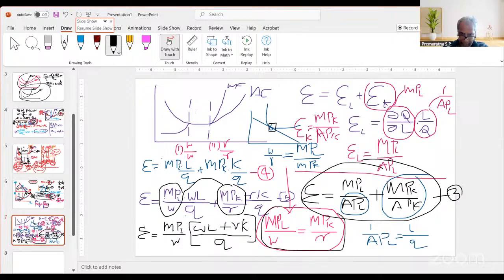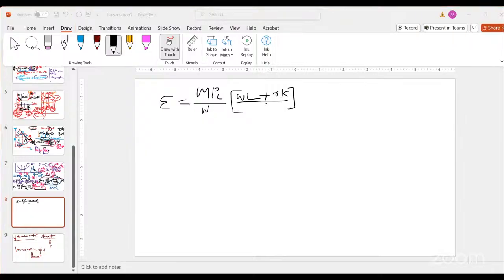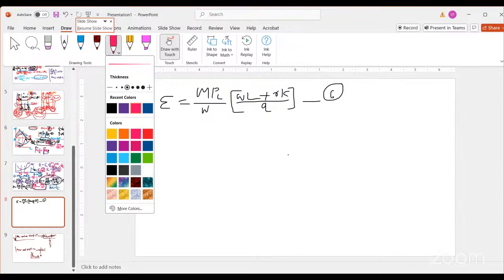Now here, as you see there is not enough space, I rewrite here: we get the elasticity equal to MPL divided by W, times WL plus RK, divided by Q. Now this equation number 6, look carefully at this part.